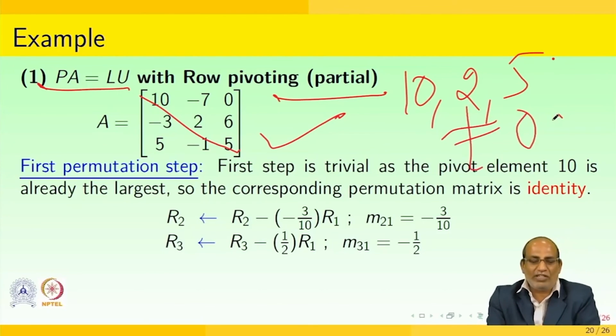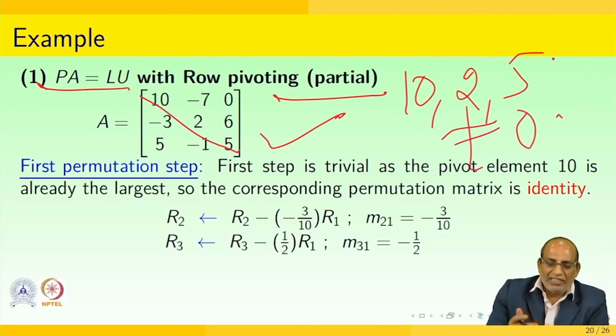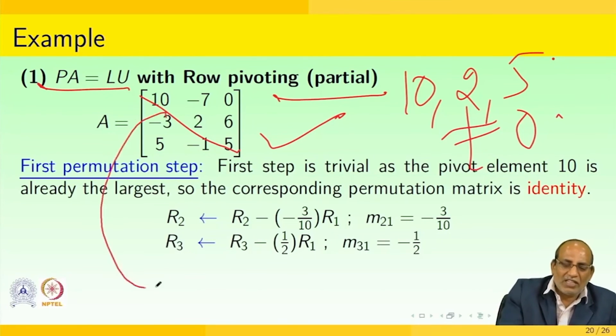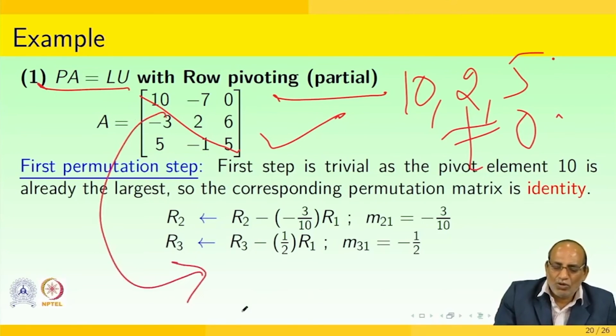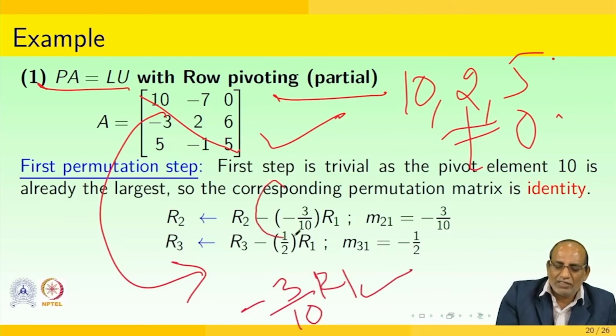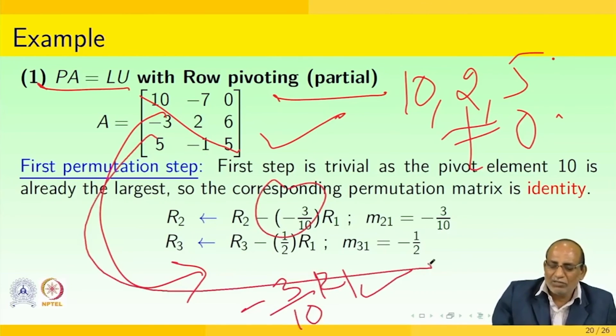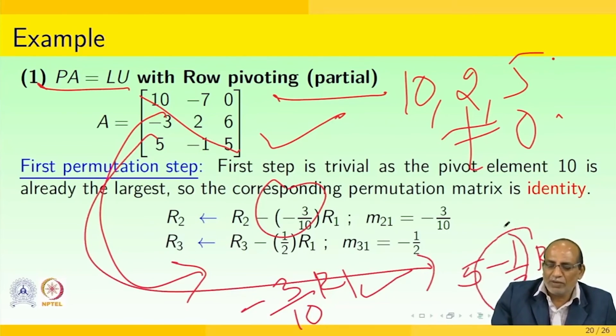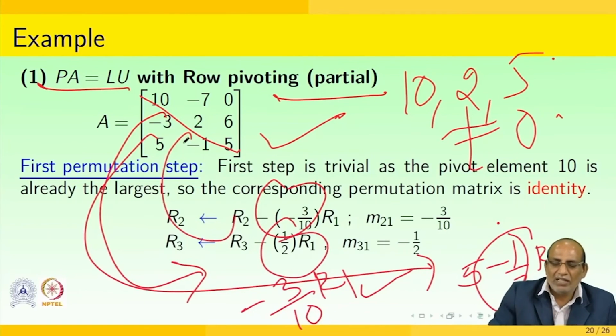The second thing I do is make this entry 0, so I take minus 3 by 10 times R1. Similarly, this one I will make 0 by taking 5 minus 1 by 2 times R1.